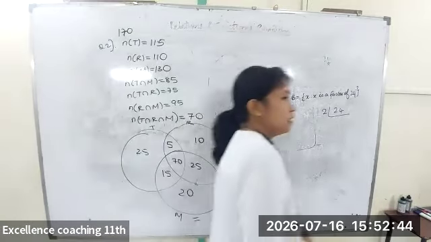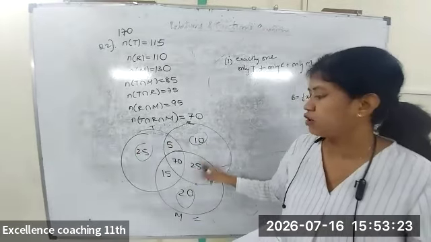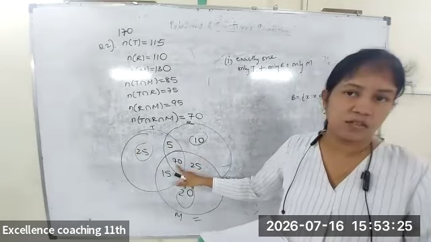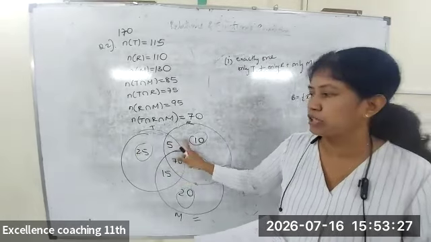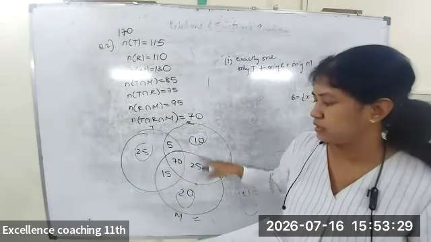Only T plus only R plus only M. All these single ones. These are having two. These are having three. Like that. These belong to three of them. Here these belong to two circles. But these are the only ones which belong only to T. So only T is how much? 25. Only R is how much? 10. This is 20. This you have to write.